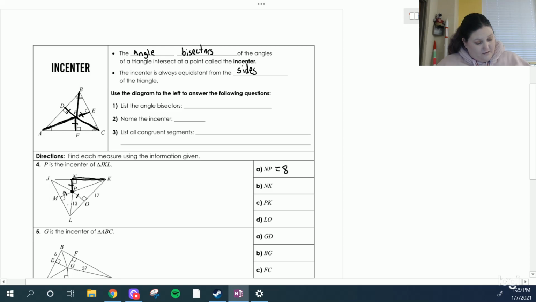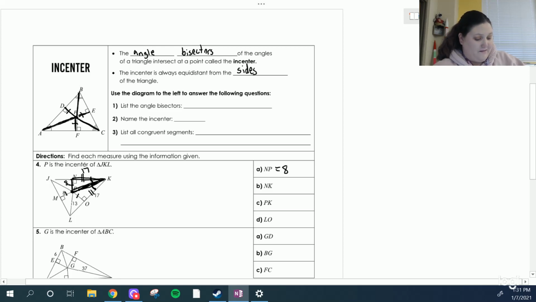Because we have an angle bisector here, which means it cuts this angle into two pieces that are congruent to each other, that means these sides are congruent to each other.